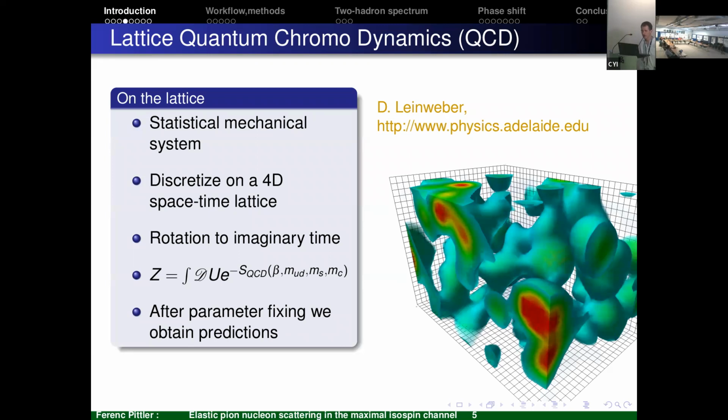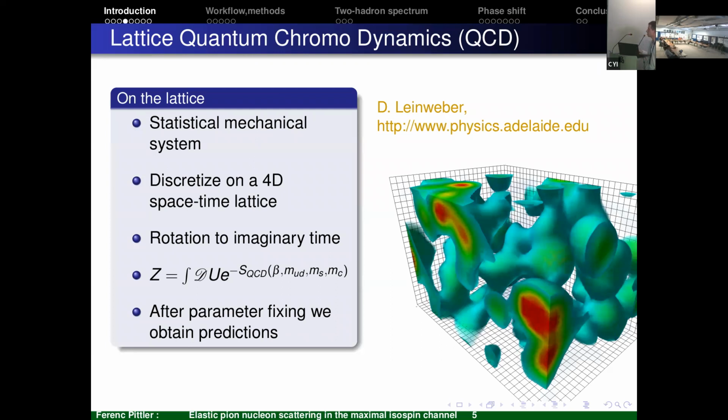Can you please elaborate a little bit on what you mentioned about the time? If you write out the path integral formulation of quantum chromodynamics, that will be a sum over all configurations of e to the iS. And what we are doing now is rotating to imaginary time in order to have exponential damping in the space of the parameters, so that we are able to compute these integrals.